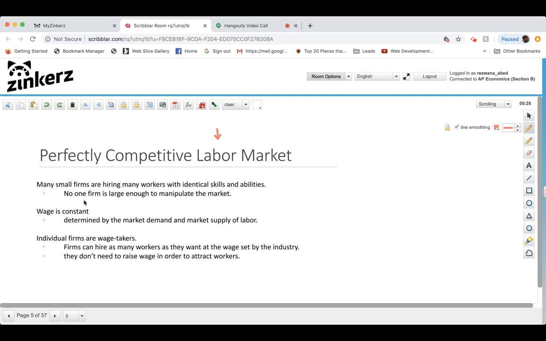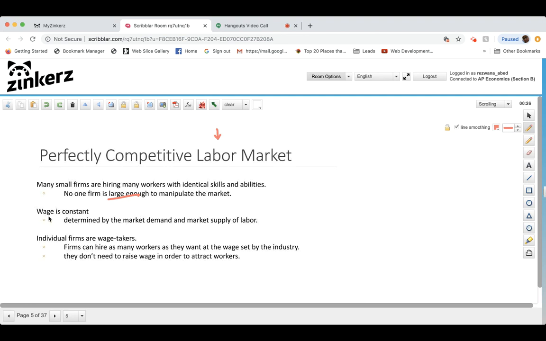So no one farm is really large enough to have any influence in the market. It's not like they have any market power. So in this sense, it's very similar to the perfectly competitive product market that we talked about.